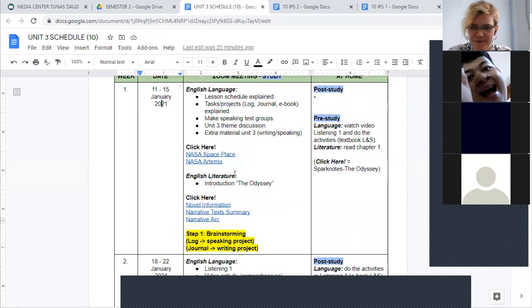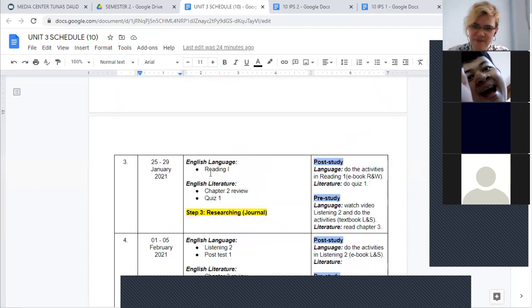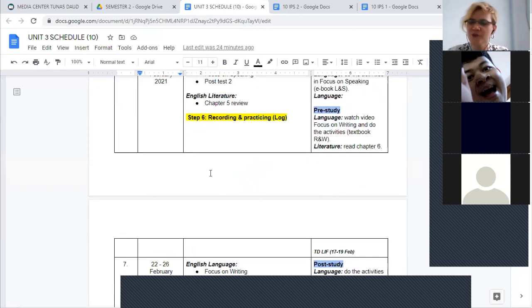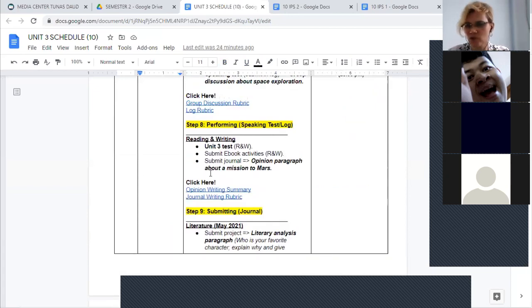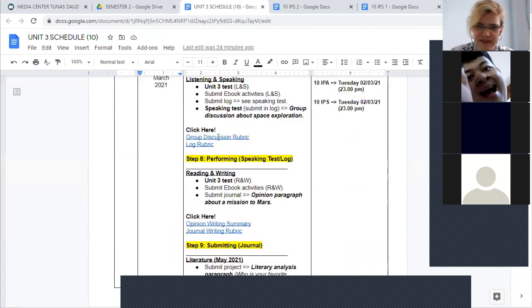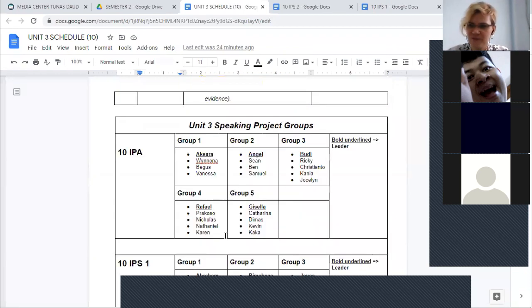And here also the Google Slides, and literary technique elements are in it. So please look through your lesson schedule to see if you've really gone through all the links that I've been giving, like group discussion rubric, log rubric, opinion writing summary, and journal writing rubric. And for the groups, remember we have them down below.